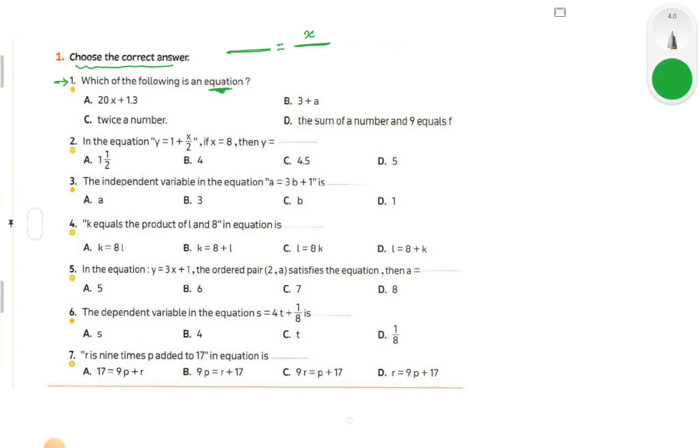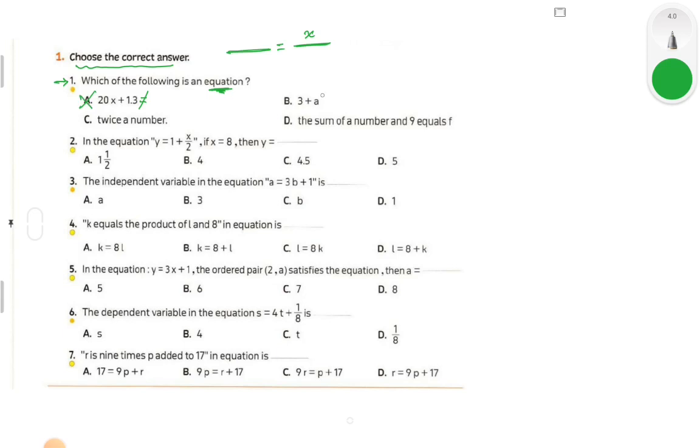Look here, 20x plus 1.3. Is this mathematical statement an equation? No. Why? Because there is no equal.